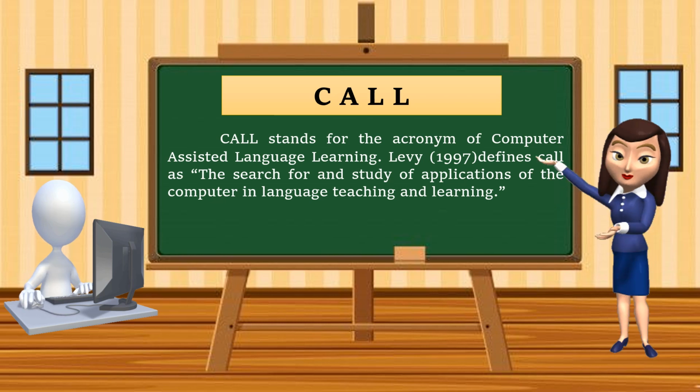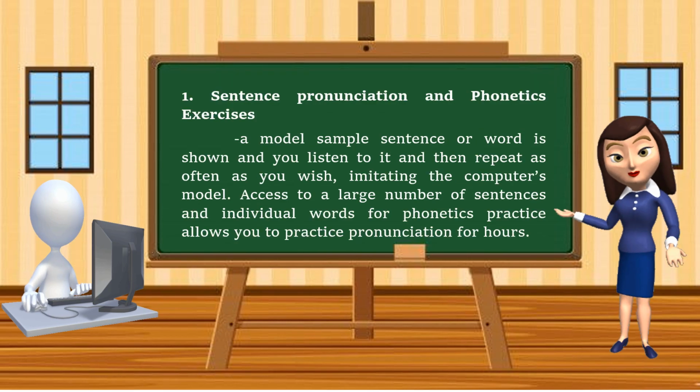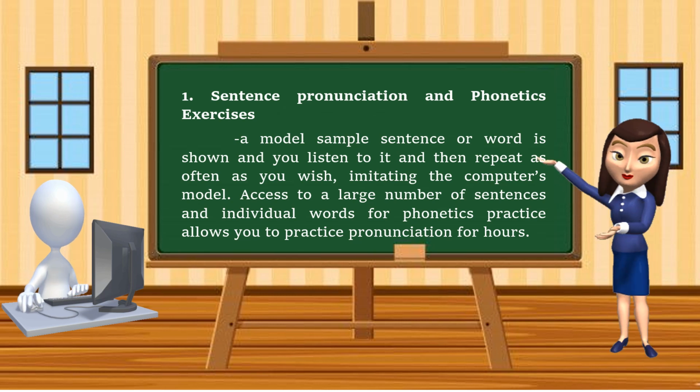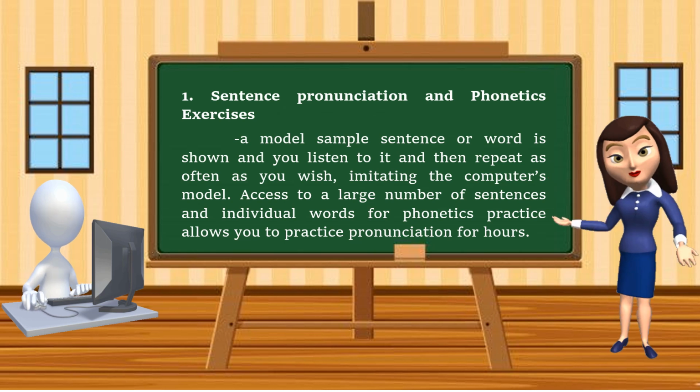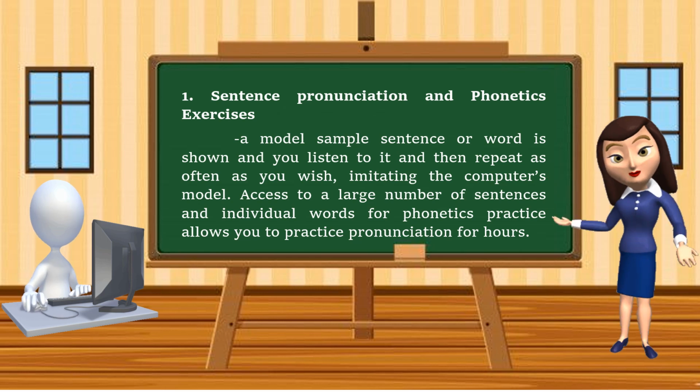So in what way? In English class, we have the sentence pronunciation and phonetics exercises. A model sample sentence or word is shown and you listen to it, and then repeat as often as you wish, imitating the computer's model.